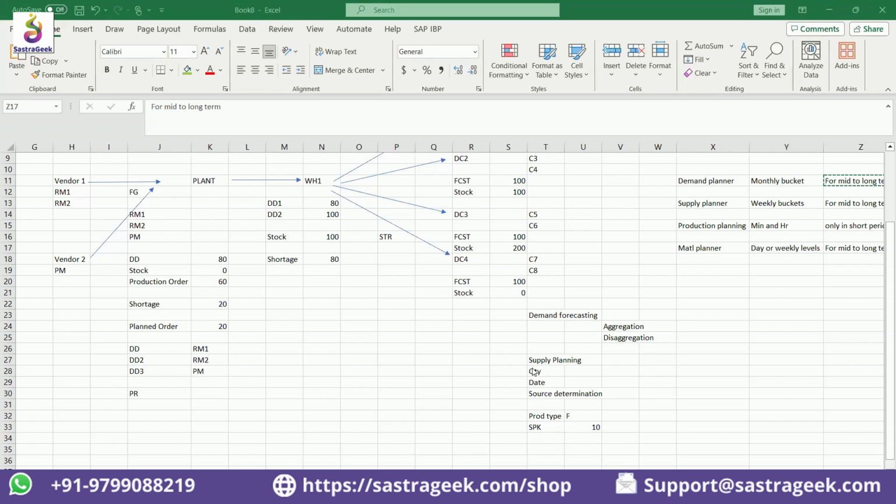That's it. Then netting that demand with stocks and firm elements, calculating the shortage, and passing those demands to the upstream nodes is the supply planner's responsibility. So there is no conflict of role as such here, but there is a handshake.